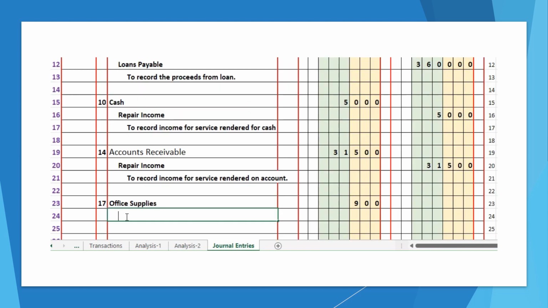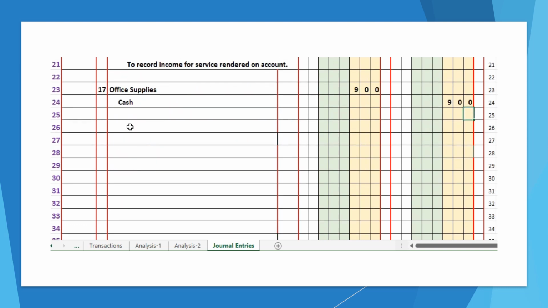Cash for 900. Okay? What's your explanation? To record the purchase of office supplies for cash. Okay?